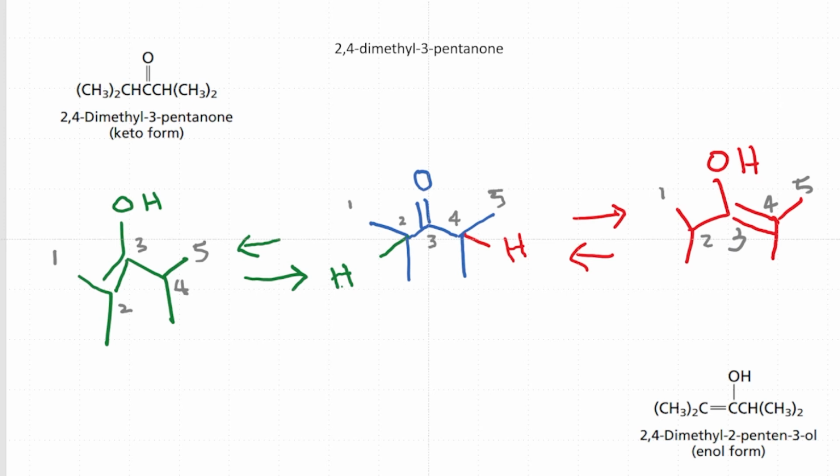Of course, you will very quickly realize that they're actually the same enol. They're identical. So the only enol that is formed here is the one that is shown here.